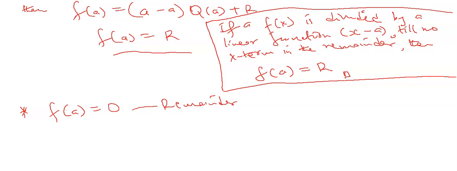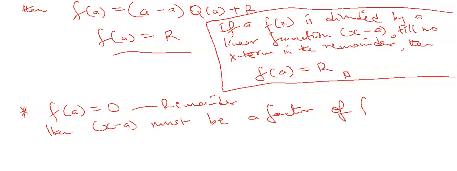If such a scenario happens, then we say x minus a must be a factor of f of x. It must be a factor, and that's why we are getting 0 as the remainder. This is actually what we call the factor theorem. If the remainder is 0, then x minus a must be a factor of f of x.